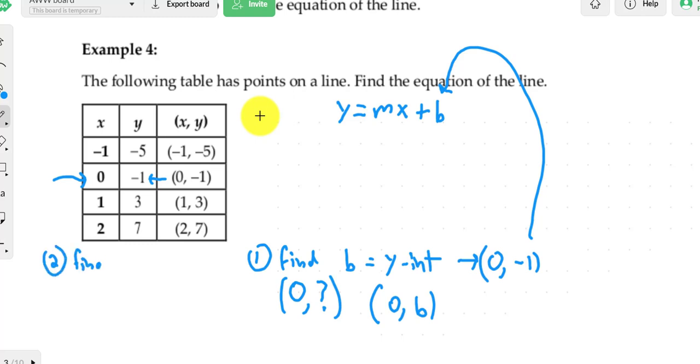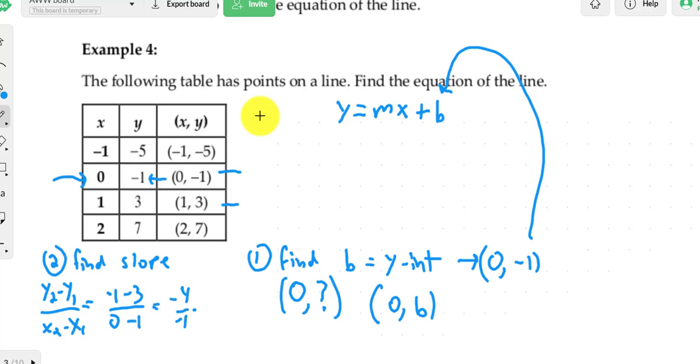Find slope. And you remember we can do that by using y2 minus y1 over x2 minus x1. So I'll pick any 2 points. I'll use these 2 points. So I'm going to write -1 minus 3 over 0 minus 1, which is -4 over -1, which is +4.